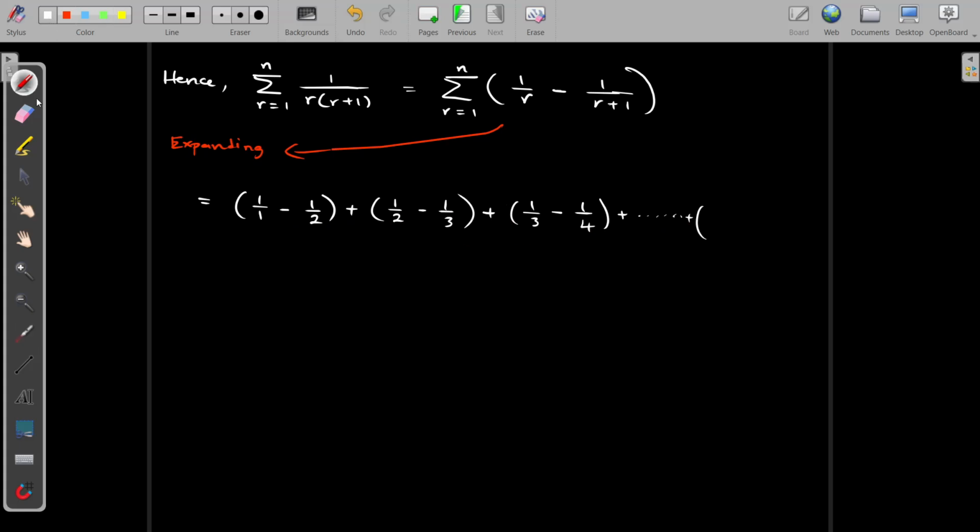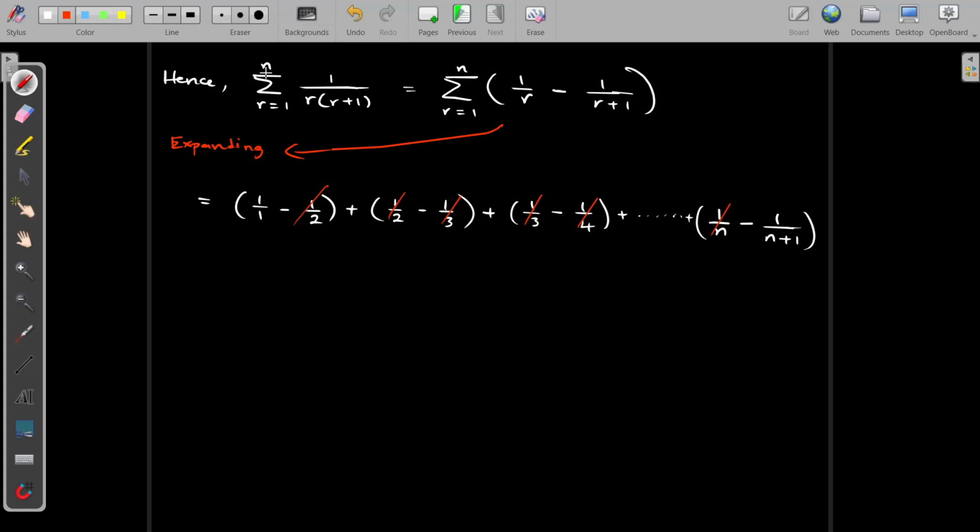So the only thing that we really need right now is what will happen when r is equal to n. So we will get 1 over n minus 1 over n plus 1. That's all the way up to our nth term. And then as we said, everything will cancel. So those will cancel out each other, and this term will be cancelled by the term that would have been in the bracket before.